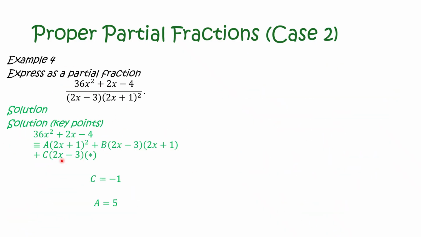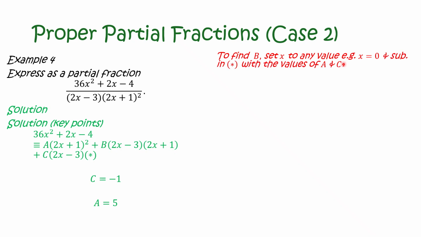So we have the question and the key points. So the equation star, the C we obtained of minus 1 and the A of 5. To find B, we set x to any arbitrary value. So in this case, we set x equal to 0 and substitute it into star with the values of A and C. In doing so, we are going to have that.